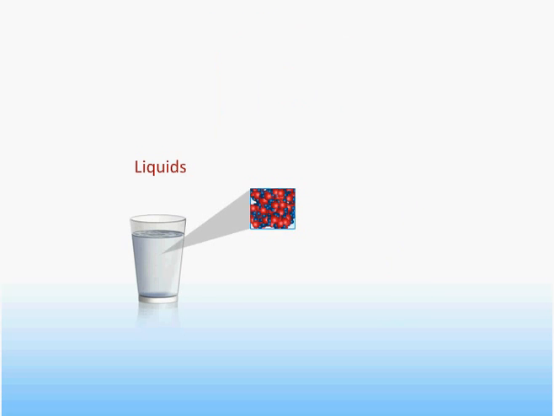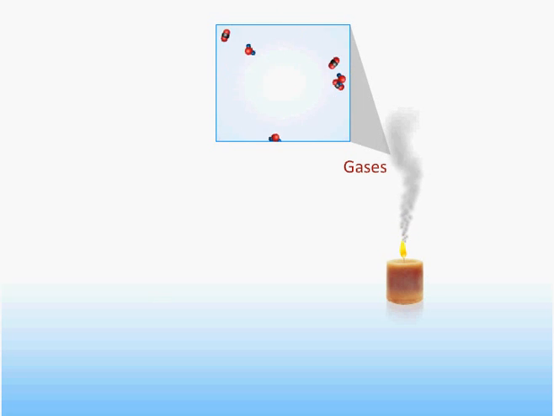The molecules in a liquid bind weakly with each other in such a way that they are about as close together as they can get, even though their positions are not fixed. The molecules in a gas do not bind with each other at all and tend to be much further apart.